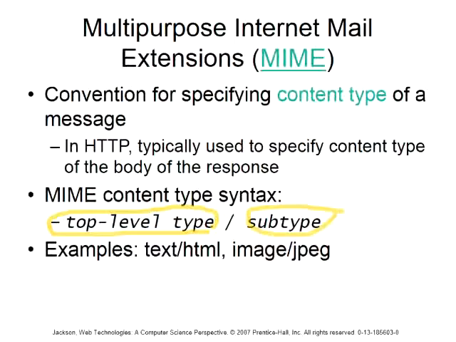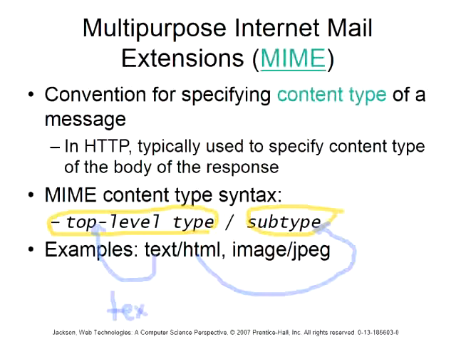This is an example, text HTML. So text here represents a top level type. HTML represents a subtype. We can write text XML.